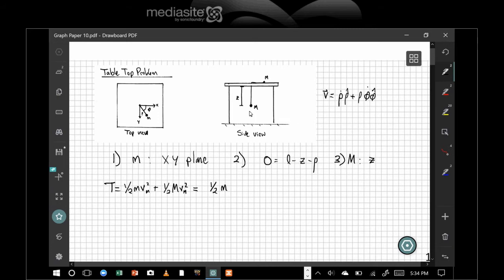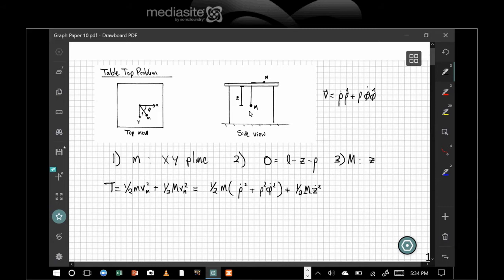So if I square that, I'm going to get rho dot squared plus rho squared phi dot squared. That's the kinetic energy of the mass little m. The big mass only moves in the z direction, so that's just going to be 1/2 big M z dot squared. That is the kinetic energy.